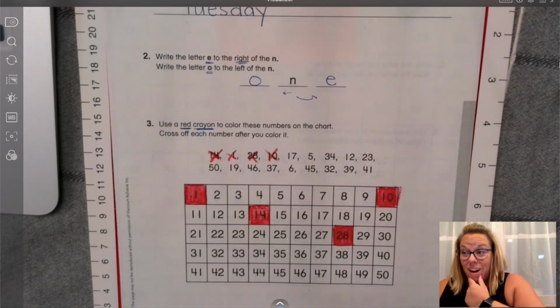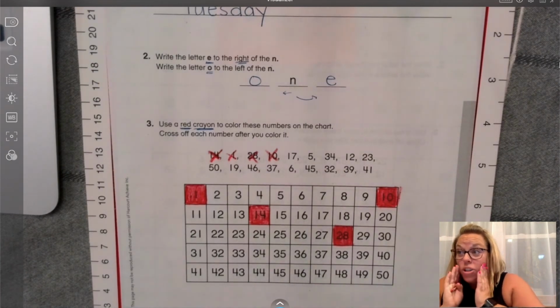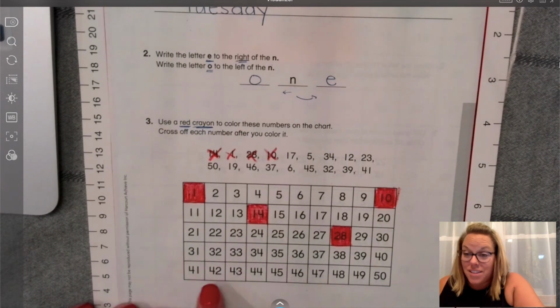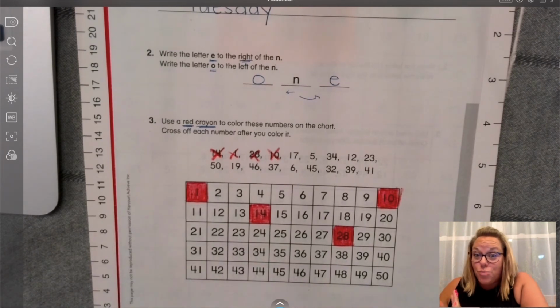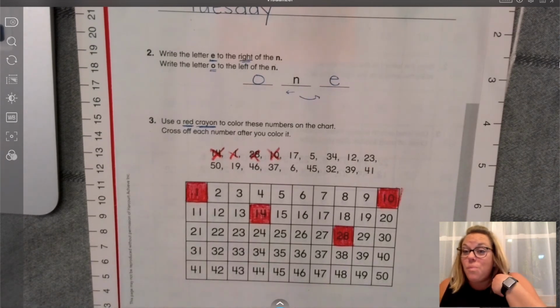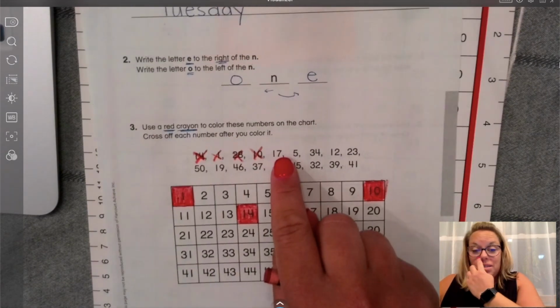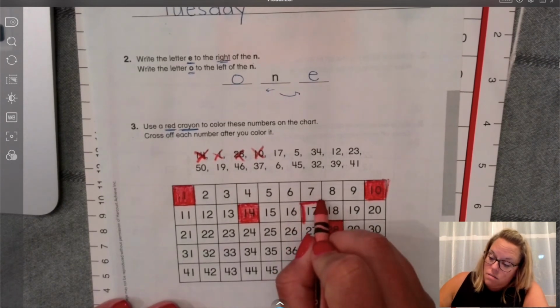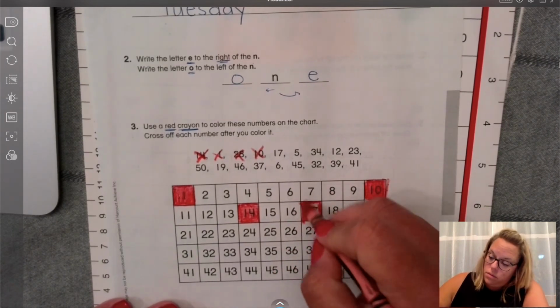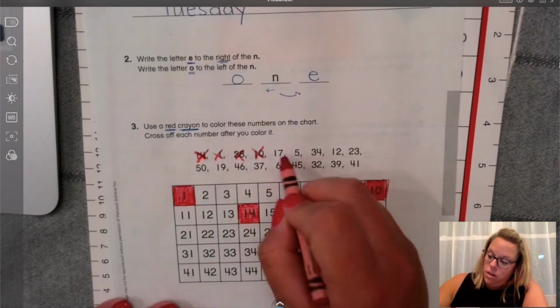Sometimes our math likes to give us special secret things in our boxes. It likes to leave us little messages. Sometimes it leaves us little pictures when we finish it and do it right. So we want to make sure that we do it correctly. Okay? Next one, 17. 1, 7, 17. Cross it off.